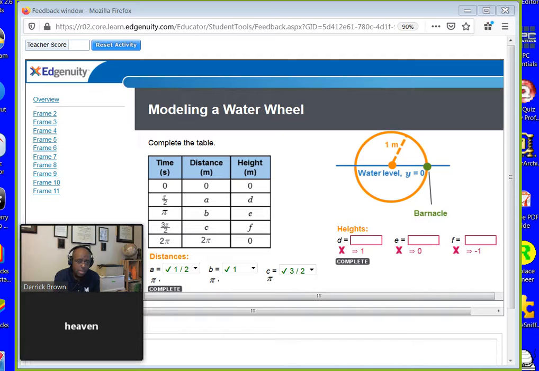Okay, so I'm taking distance to mean if I go from this point to this point, my barnacle has moved some number of meters. Is that fair? And what I'm doing here now is I'm trying to understand this scenario without starting at the beginning.